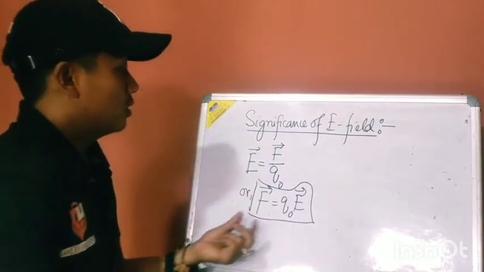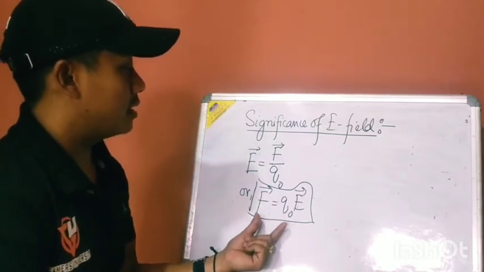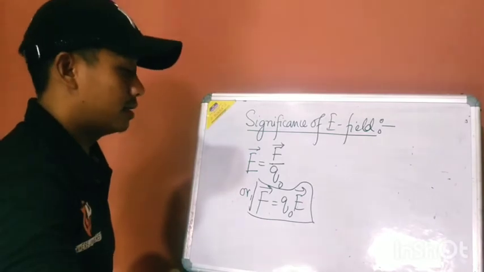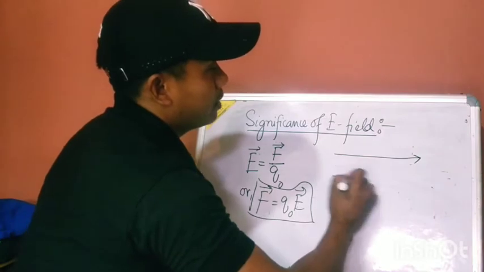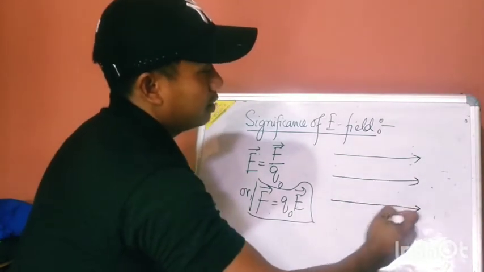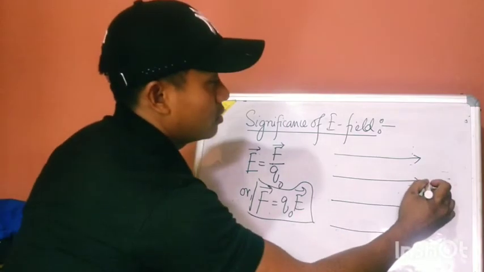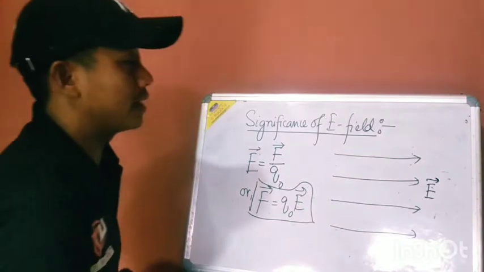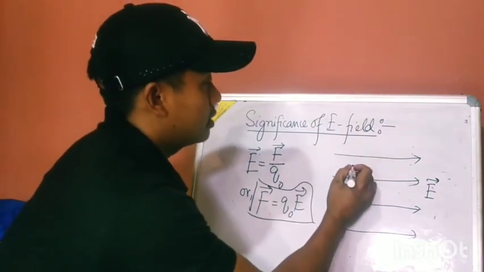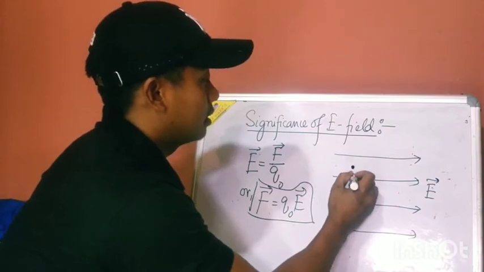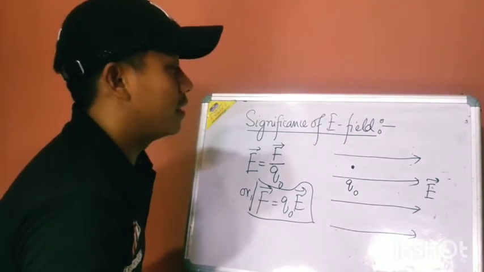Suppose you have a uniform or non-uniform electric field. For the sake of simplicity, take a uniform electric field. This is how a uniform electric field is drawn. This charge Q naught is placed in the electric field.